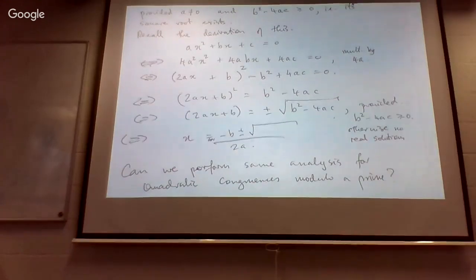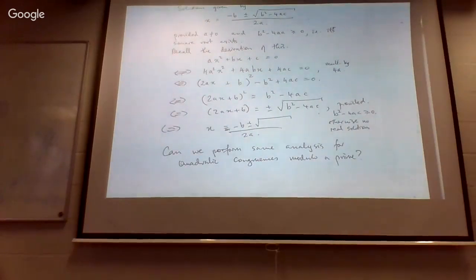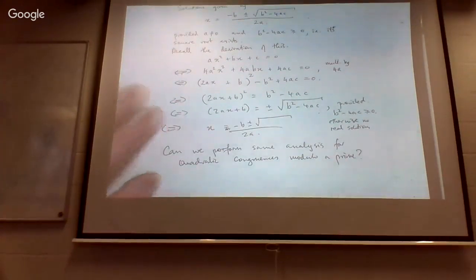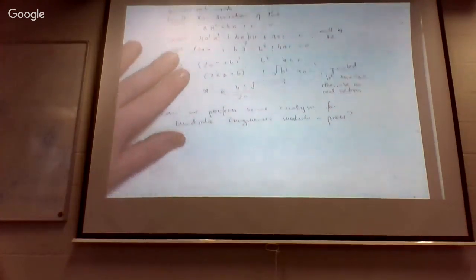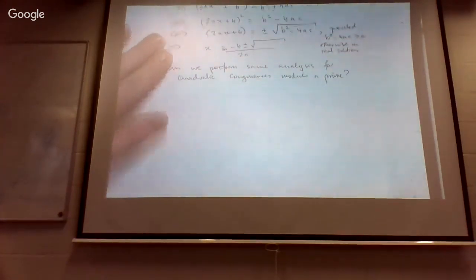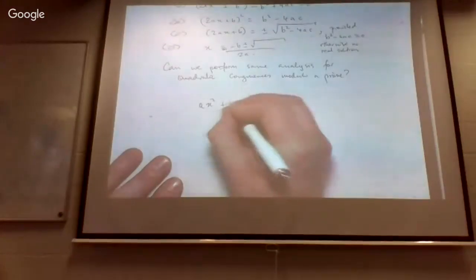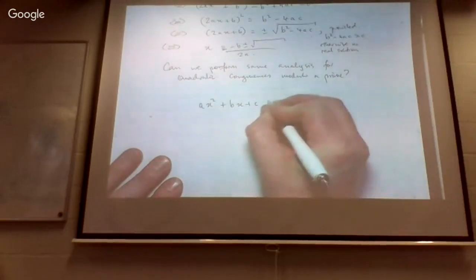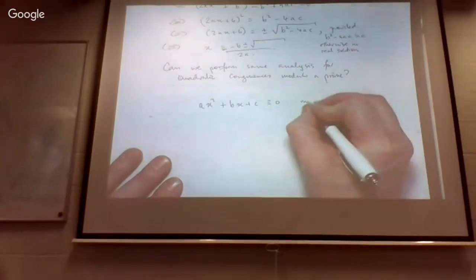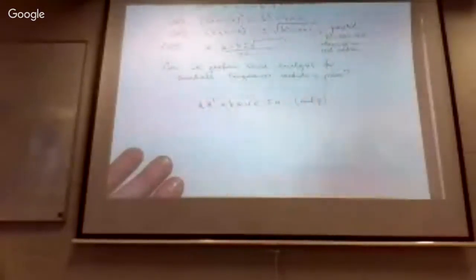We've got a sequence of algebraic and arithmetic steps there. Maybe we can do the same thing for quadratic congruences. This time about ax squared plus bx plus c being congruent to 0 modulo a prime p.